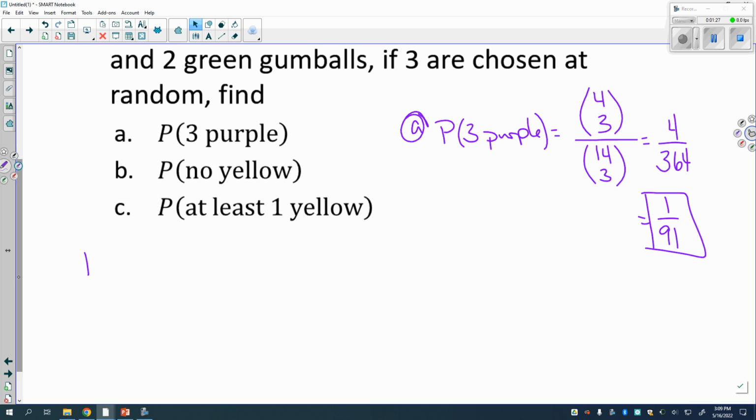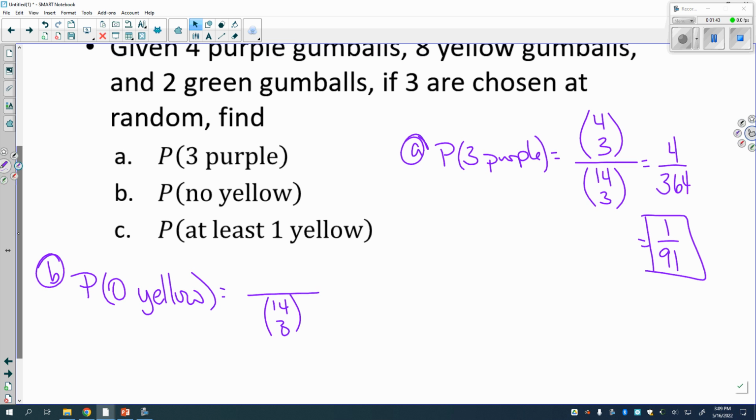Now the probability on part B of no yellow, same kind of idea here. I'm going to divide by 14 choose 3, but how do I get that top number? I don't want any yellow.